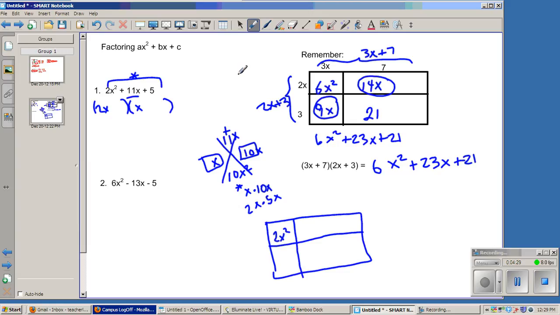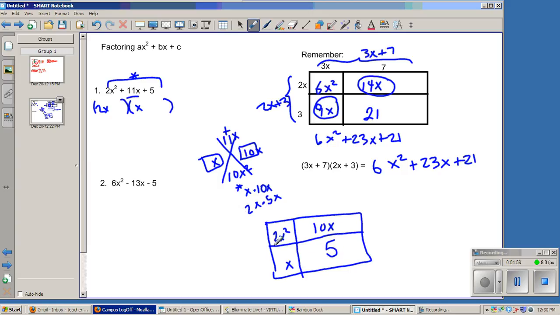And then the last term, like this 21 is the last term here, the last term, which is 5, is going to go over here. And these two numbers that I just found, the x and the 10x, are going to go here because they have to add up to be 11x. So now I just created 2x squared plus 11x plus 5.